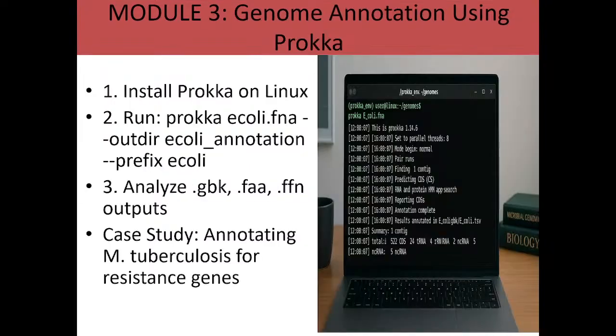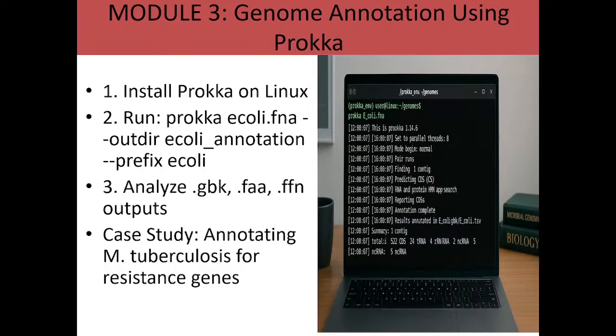On module 2, that is about genome annotation using a tool that is called Prokka. So the first thing is you need to install Prokka on your system. I don't know if your smartphone can take that.